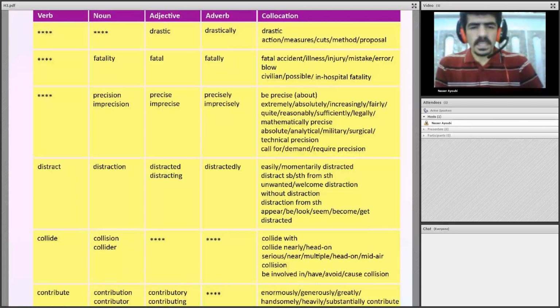So, examples. Absolutely precise. The map shows the absolutely precise location of the crash. And also military precision. If you do something with military precision, you do it in a very organized and exact way. So it is not related to military, armed war, or anything like that.